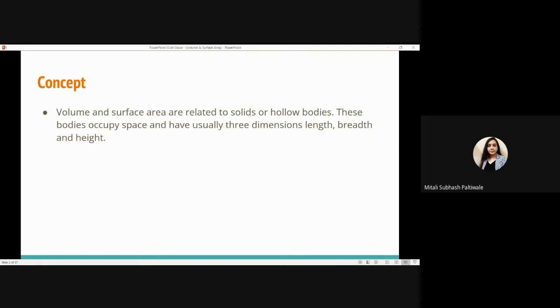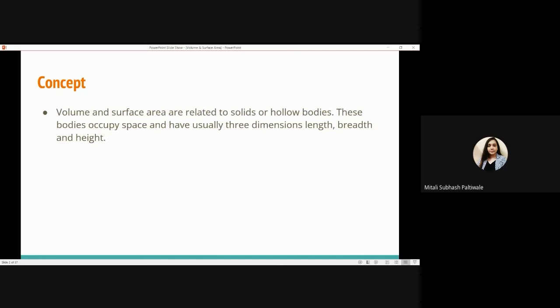The shape should be acquiring some space in three dimensions: length, breadth, and height. A wall, for example, has some length, some breadth, and some height. That is how 3D shapes are.